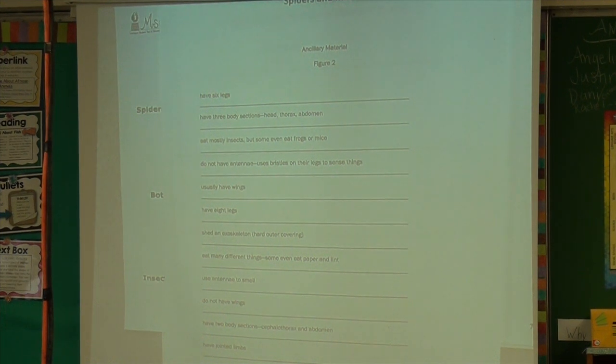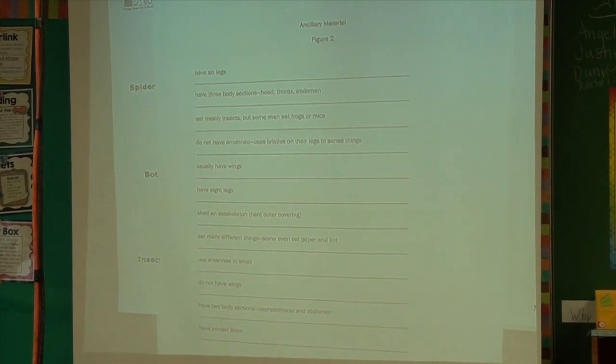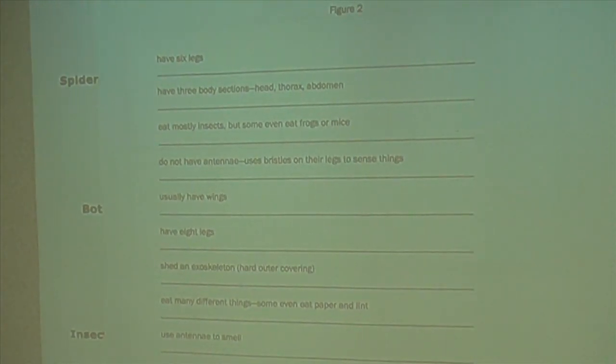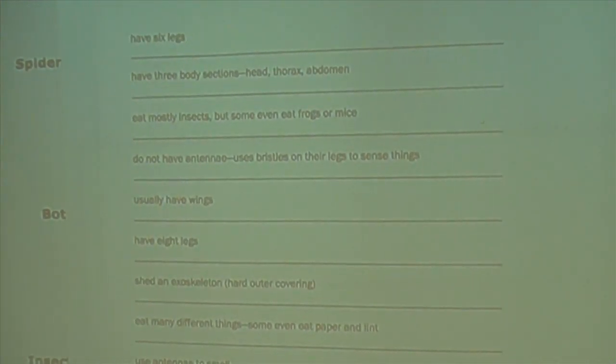So it says have 6 legs. Have 3 body sections, head, thorax, abdomen. Eat mostly insects, but some even eat frogs or mice. Do not have antennae, use bristles on their legs to sense things.